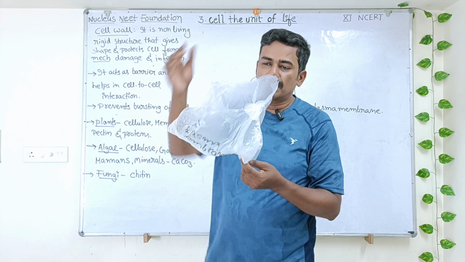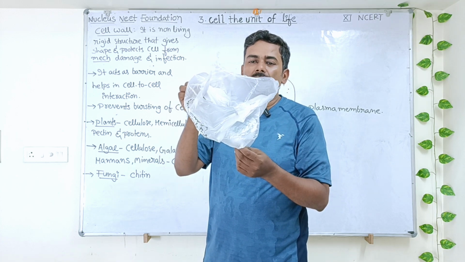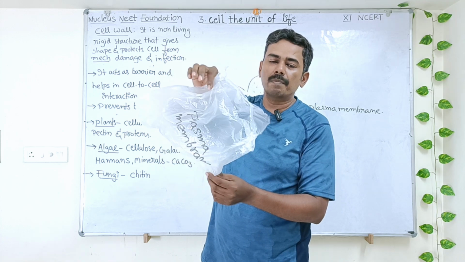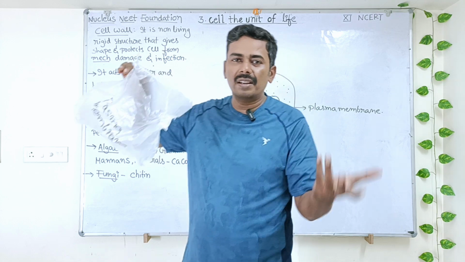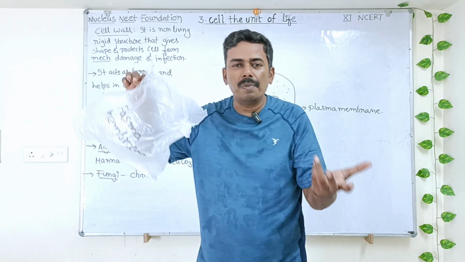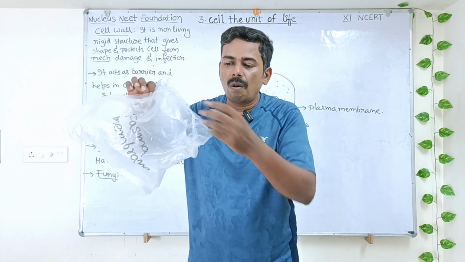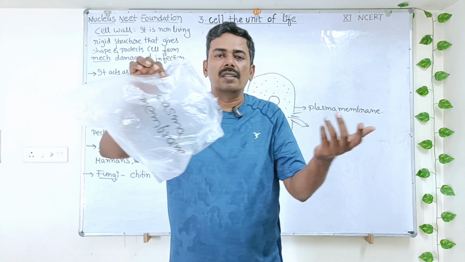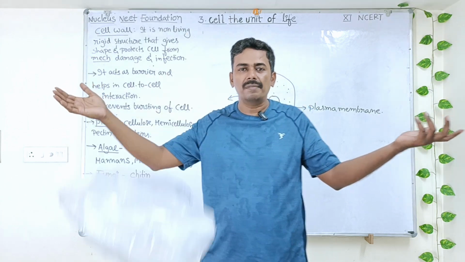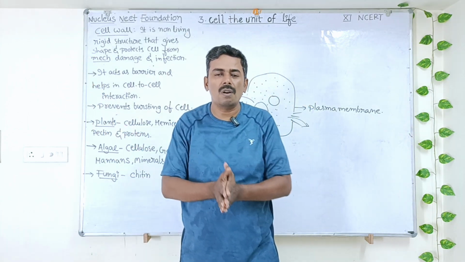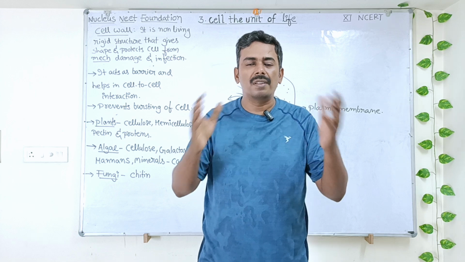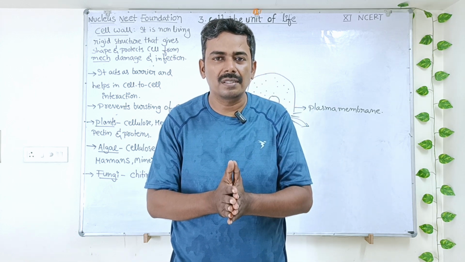What happens? The cell is going to rupture. The plasma membrane bursts, releasing all the contents to the outside. The cytoplasm, the nucleus, all the cell organelles will come out and the cell is going to die. So this is what is going to happen when the cell wall is absent.